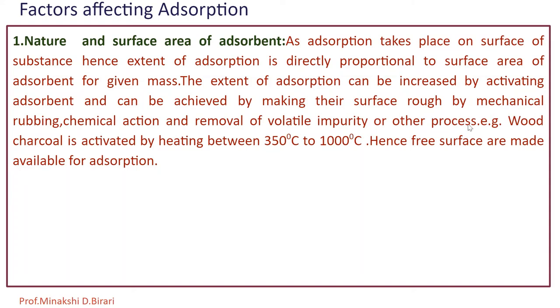For example, wood charcoal is activated by heating between 350 degrees Celsius to 1000 degrees Celsius. Hence, free surfaces are made available for adsorption. So the extent of adsorption is directly proportional to the surface area of the adsorbent.